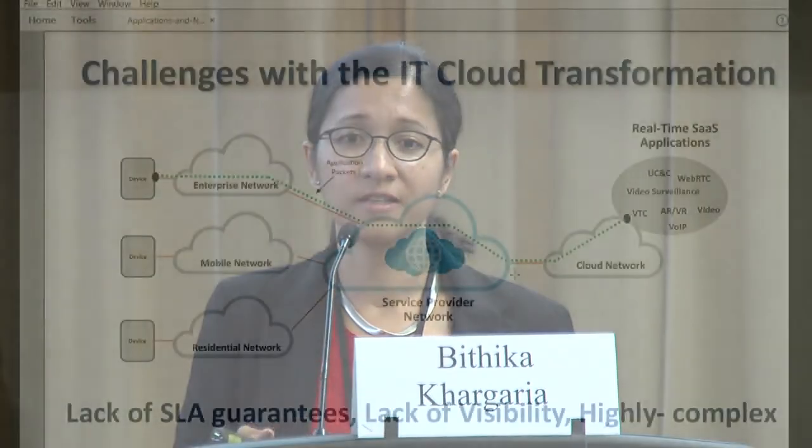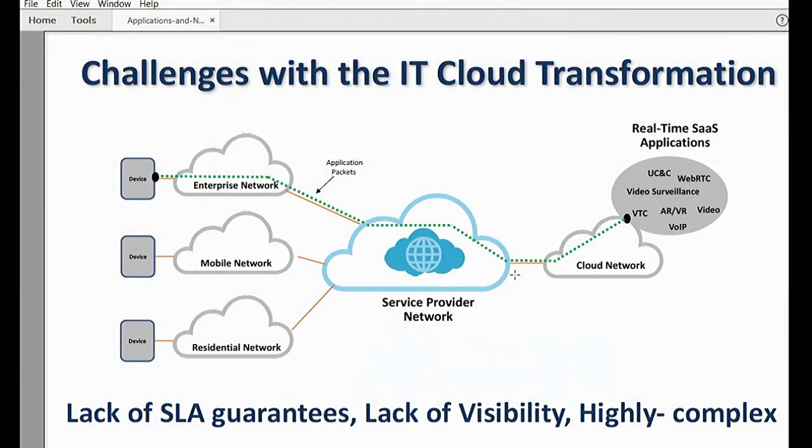So on the one endpoint, you have your applications. In this scenario, on the cloud, we use the examples of real-time applications specifically for this community. Beyond RTM, also applications like AR, VR, and video surveillance. All of these applications have really stringent requirements in terms of performance guarantees.